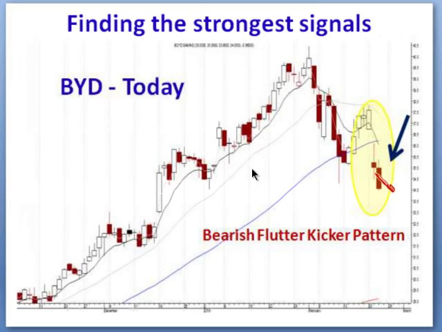It's going to move in the direction of how they open after a doji. So now what's our analysis? We've got a bearish flutter kicker. So what's our next target? Well, there's a gap down here, and then I think the 200 was down here someplace. Not that they're going to go to the targets, but at least we have something to target that everybody else may be watching.